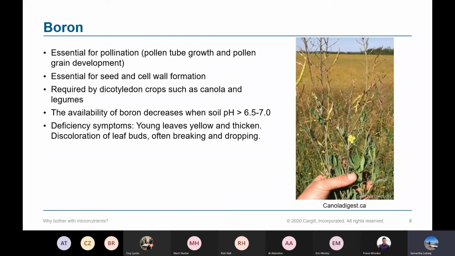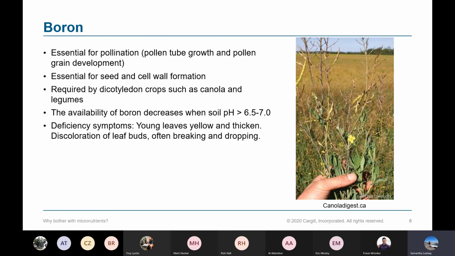So the next micronutrient I'll touch on is one that is mentioned quite often within Alberta, as canola is one of our primary crops, and that's boron. It's essential for pollination, both pollen tube growth in a plant and pollen grain development. So if you have low boron, you have lower chances of those structures forming at flowering time.